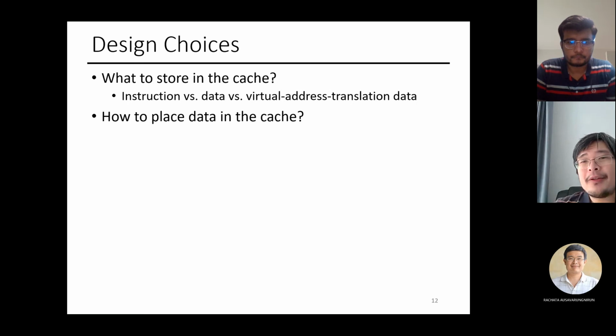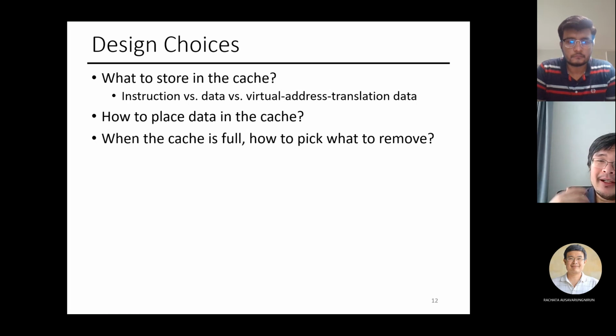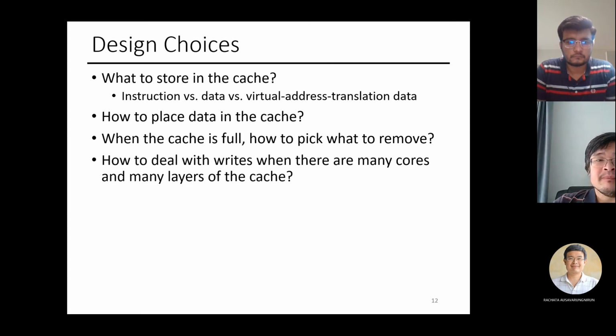The other issue is, well, I know there's a cache. How do I place data in the cache? How do I place the data such that it maximizes the number of cache hits, right? If it's full, which one do I kick out? If I need to replace something, how do I pick which one to go? How do you deal with writes?